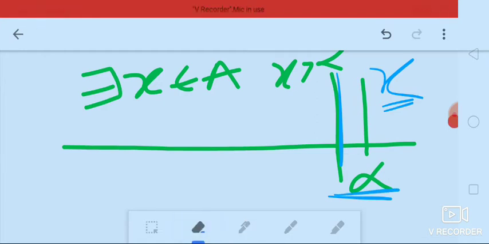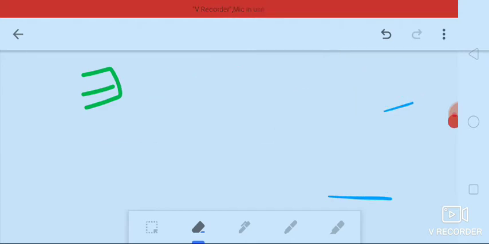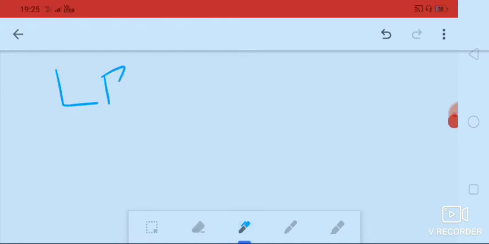Similarly, we see what a lower bound is. I am taking here beta.